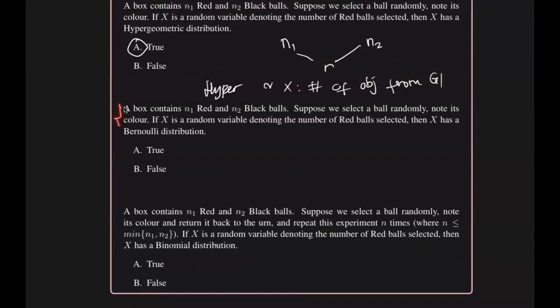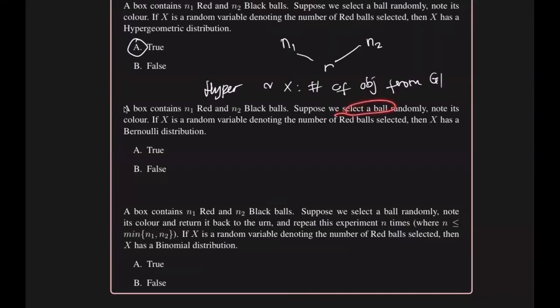Now we are dealing with the same problem. We also take one ball and let X denote the number of red balls. Let's see, Bernoulli is only when you have only two outcomes. It has a lot more than two outcomes. Why do you think so? Why do you think it has more than two outcomes?